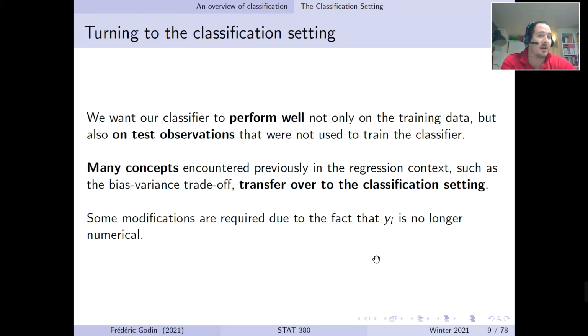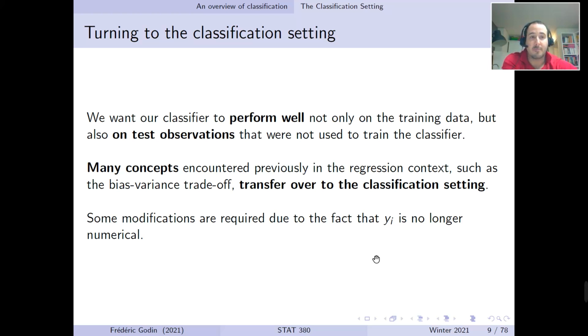If we have good performance on our training data set, it does not mean our classifier is good, because what we want is to predict new ones. The notions of underfitting and overfitting also apply here, and the bias-variance trade-off also applies.